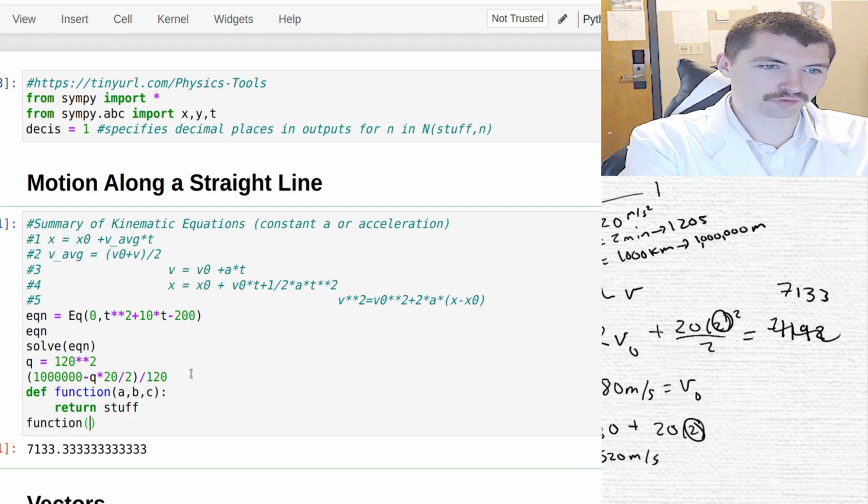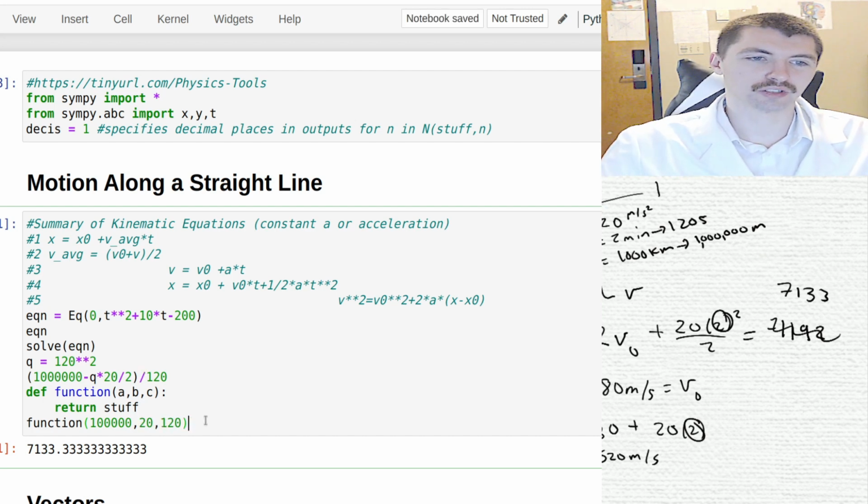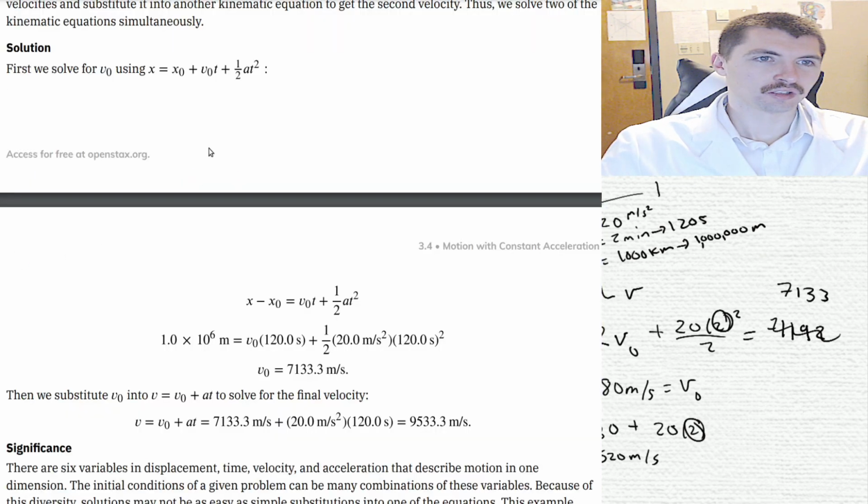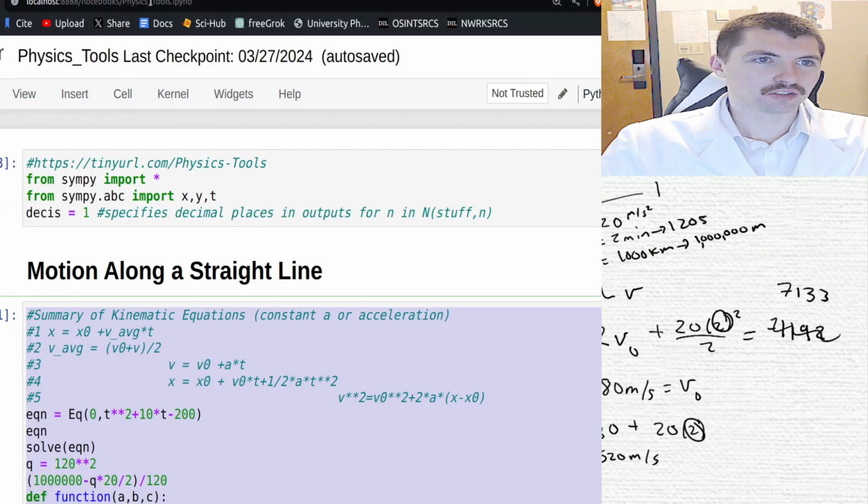I just do function and I plug in the actual variables like 7100, like, what do we have? 120. And I want to be able to do that, so let's see if we can do that.